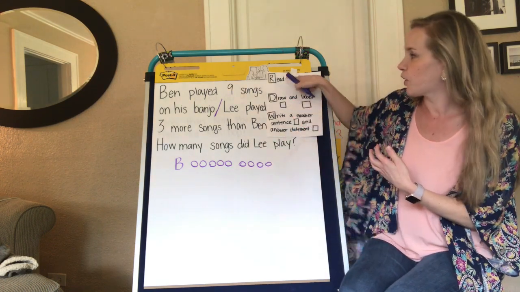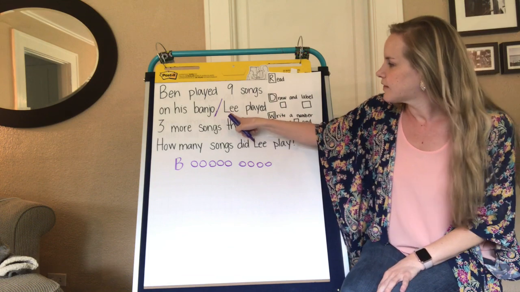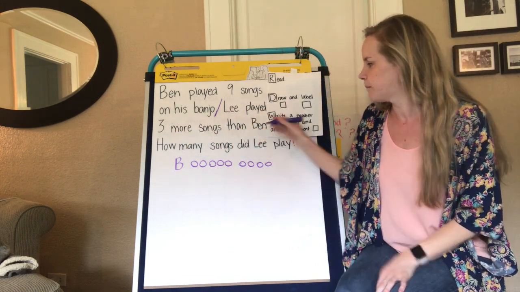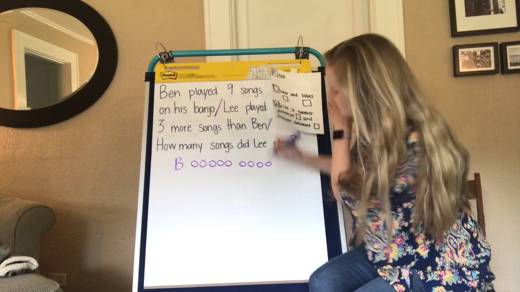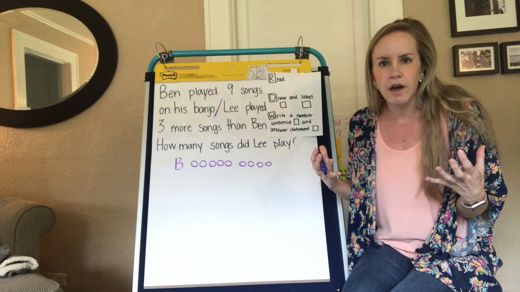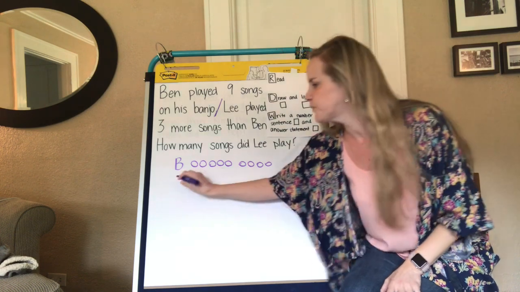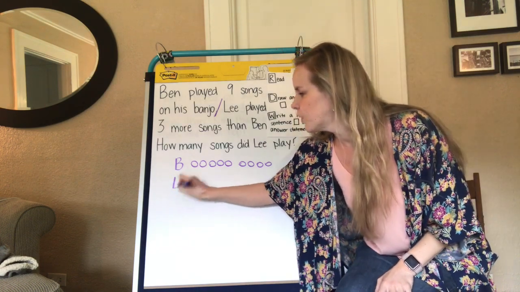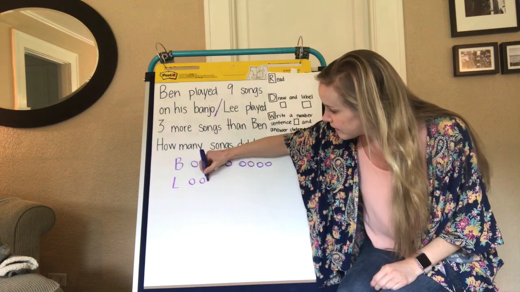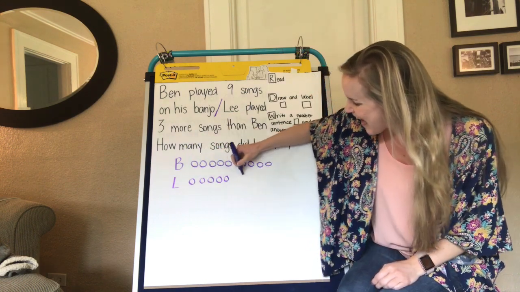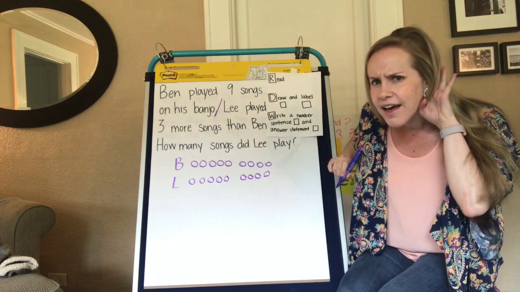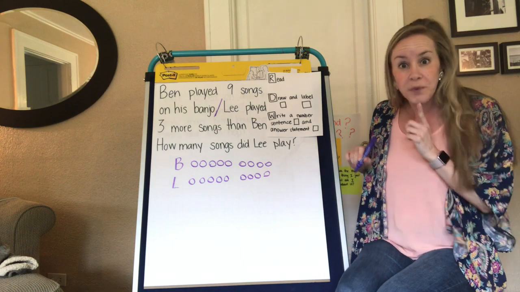Now I'm going to go back up and read the next part. Lee played 3 more songs than Ben. Slash, gonna stop there. Oh, Lee played 3 more songs than Ben. So that means for Lee, we know that he also played the same amount. And then, how many more did he play? 3?